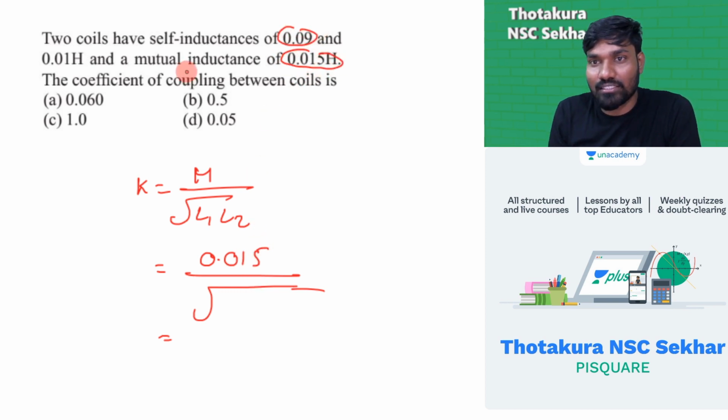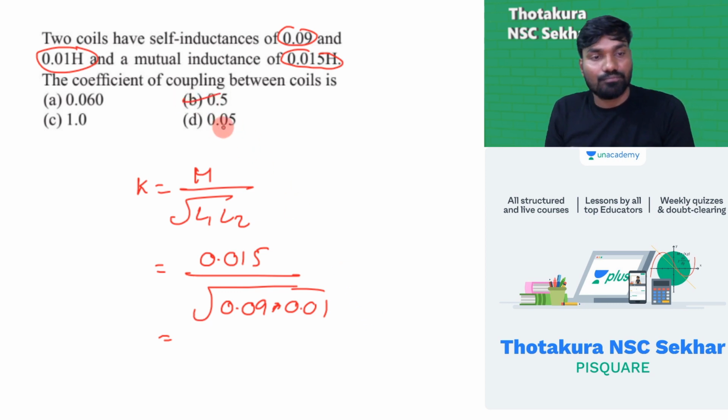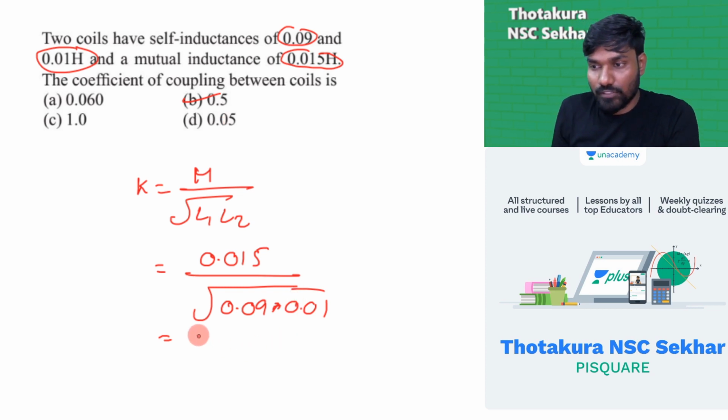Self-inductance is 0.09. So 0.015 divided by root of 0.09 into 0.01. 0.5 is the answer. If you solve it, you'll get 0.5. Direct method, you need to know the formula and how to use the calculator. That's it. Shall we move to the next question?